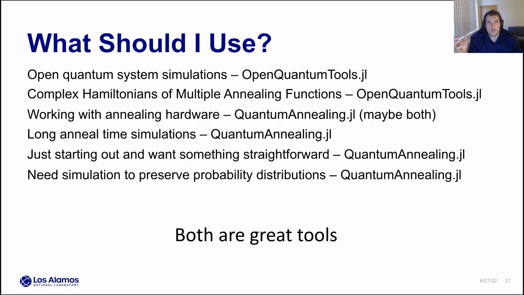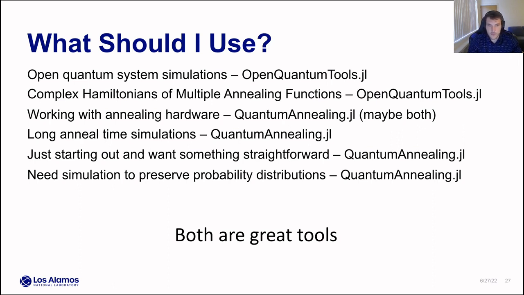So what should I use between OpenQuantumTools and QuantumAnnealing.jl? If you're doing open quantum simulations or you're working with very complex Hamiltonians, I recommend that you use OpenQuantumTools.jl. It's currently a much more complete package for stuff like that. But if you're working with hardware annealing schedules and you want to be able to feed that to OpenQuantumTools, you could honestly use both QuantumAnnealing.jl and OpenQuantumTools.jl.